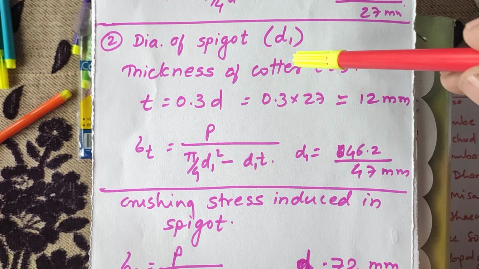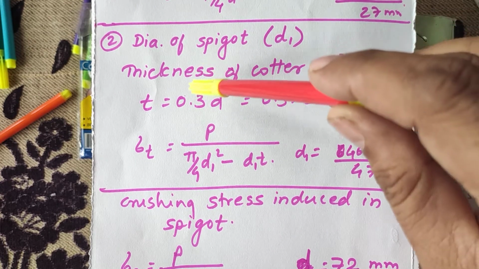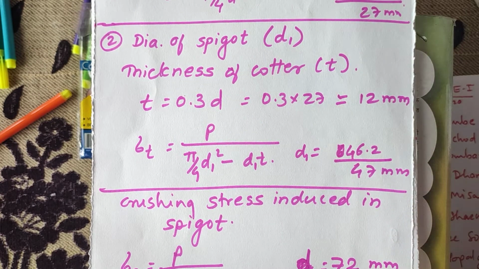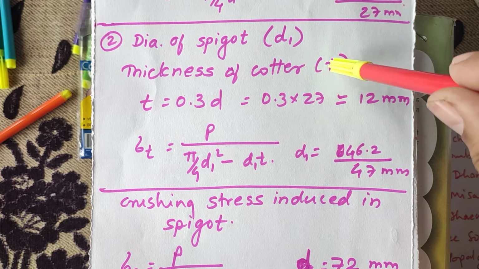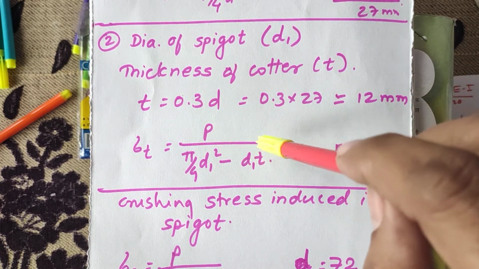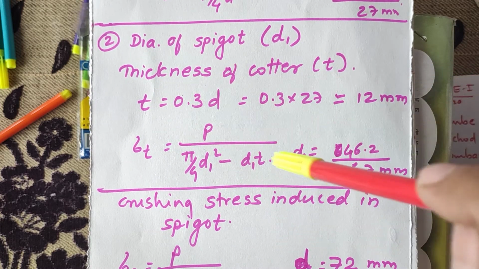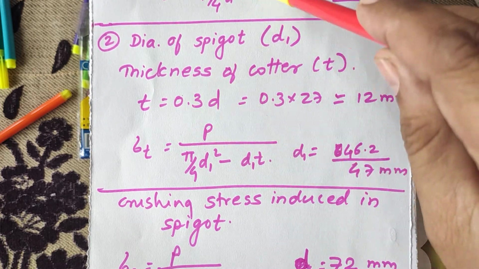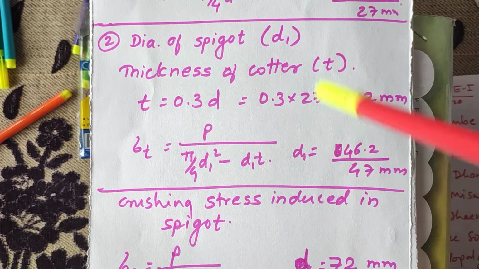For the small d1, again we calculate the thickness of the cotter T, because this T is required for d1. So T equal to 0.3 times d. This is the standard equation you can use, 0.3 times small d, so you can calculate the thickness.